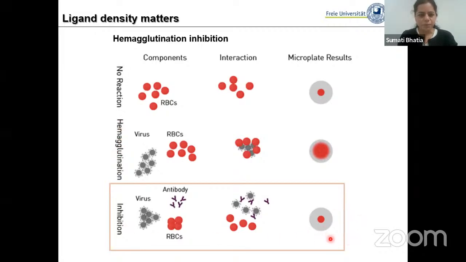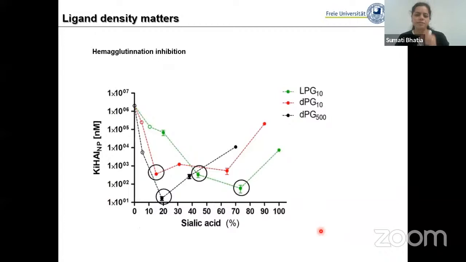We screened all these compounds in the hemagglutination inhibition test with different concentrations, and this is the result. On the y-axis, you see the minimum concentration of the inhibitor required from that compound to do the hemagglutination inhibition.